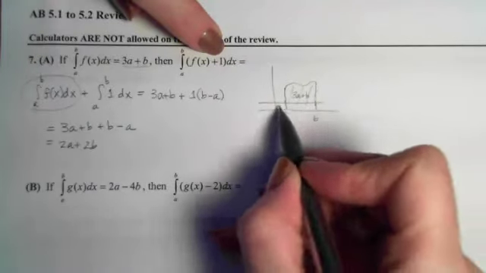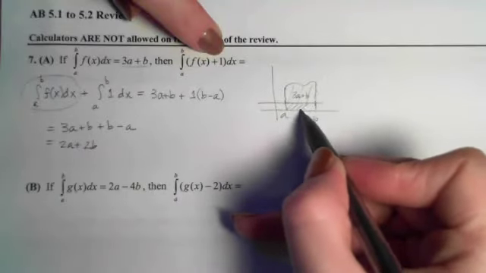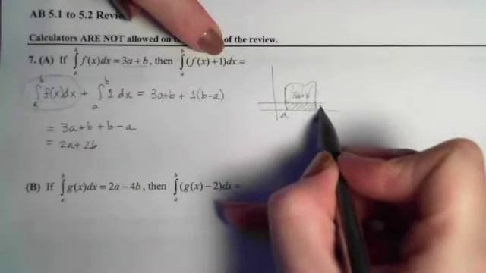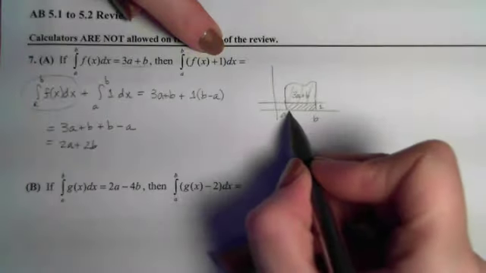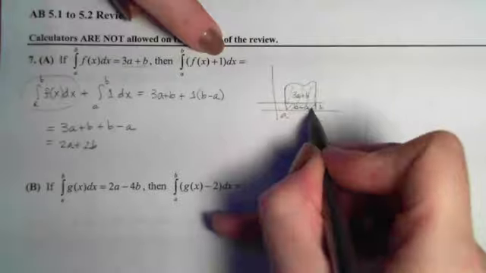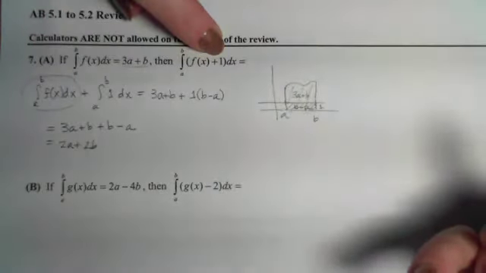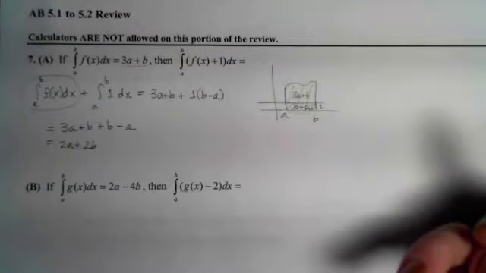So now instead of accumulating from this previous x-axis, I now have some new accumulation here whose height is 1 and whose width is b minus a. So this area would be b minus a. If I add this up, I get my 2a plus 2b, and I get the exact same answer.